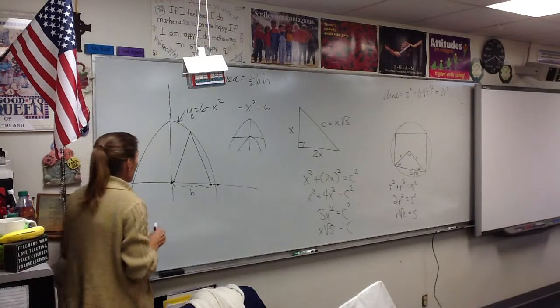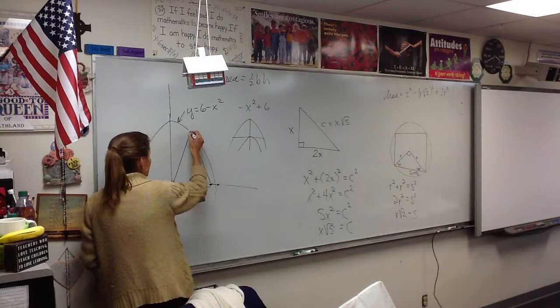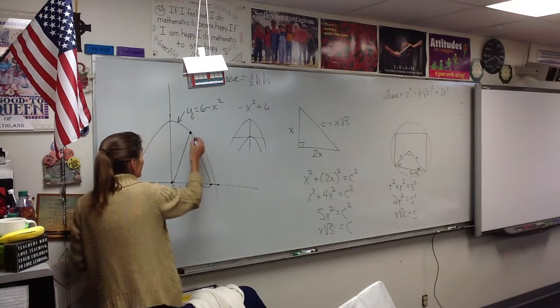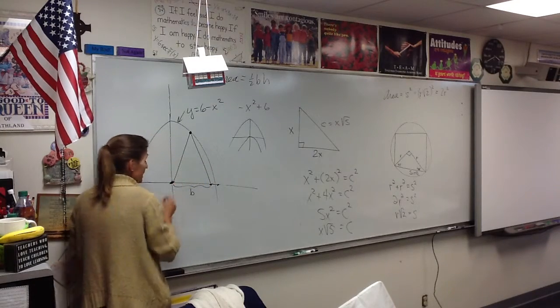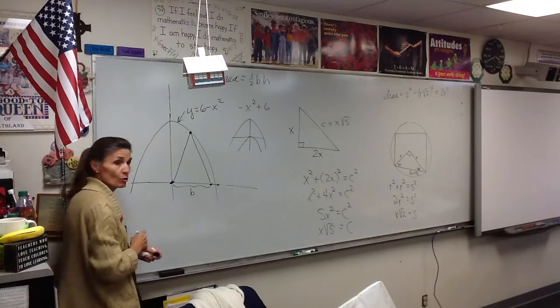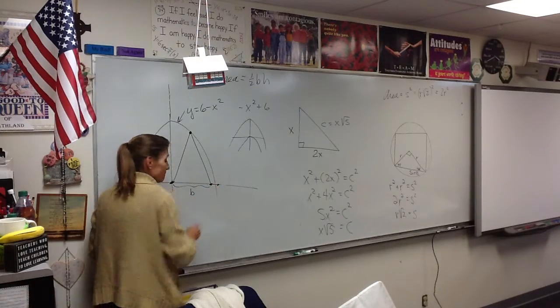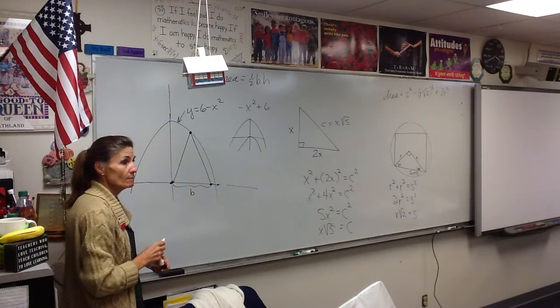Okay. Now it says that the vertex of the isosceles triangle is on that parabola. And one base vertex is at the origin, and the other one's someplace. Okay?